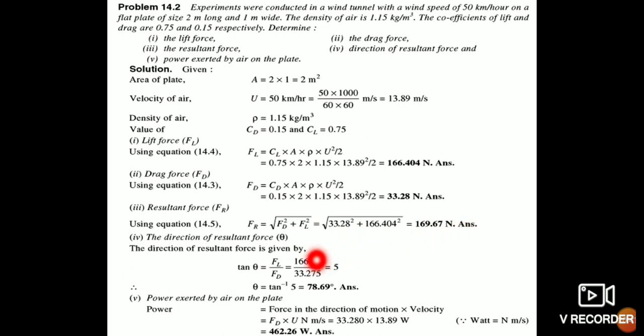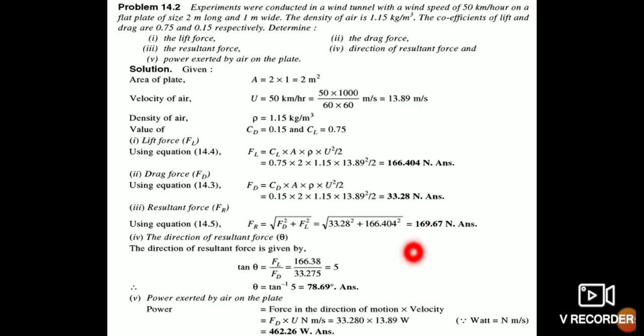Then for the direction of the resultant force, tan theta is equal to FL divided by FD, which is 166.38 divided by the already calculated 33.28, and it will become 5. Then theta is equal to tan inverse of 5, which is 78.69 degree. We can convert it into minutes also.